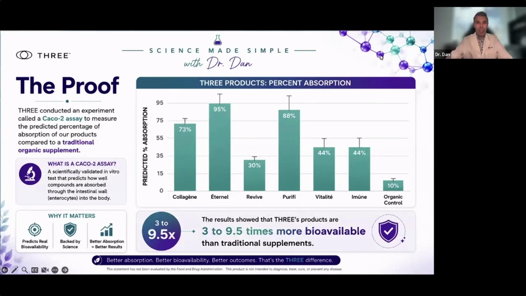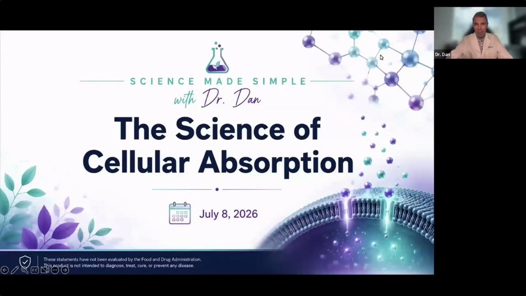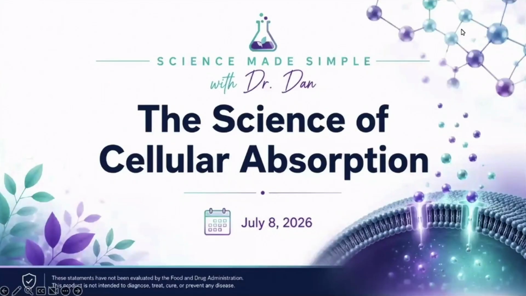So with that, I hope that I've shown you that what we do here at 3 International that's different from any other company is we use a multitude of different cellular absorption technologies to make sure that all the beautiful molecules in our products can get into the cell where they can support healthy gene expression, healthy epigenetic function, so that they could then cause or elicit a beneficial response in the body.